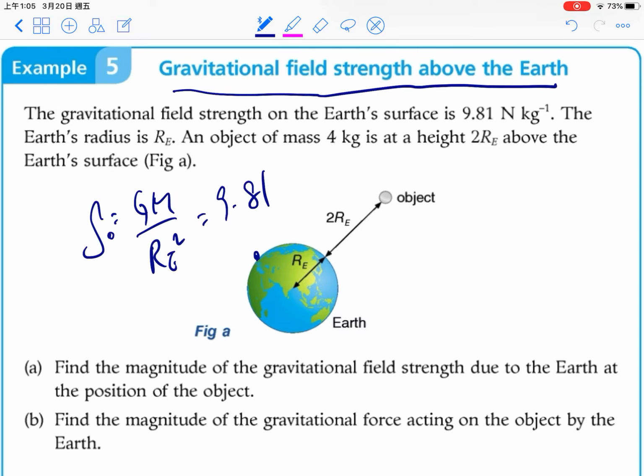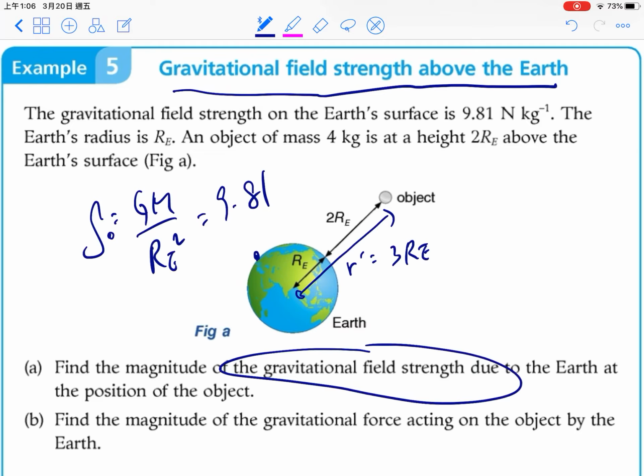How about if the object is at this position, that is 2 R_E from the surface of the Earth? The answer would be: r now becomes 3 R_E. So what is the magnitude of the g field strength at the position of the object?